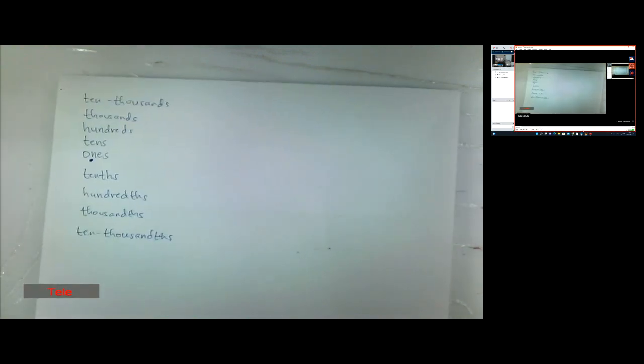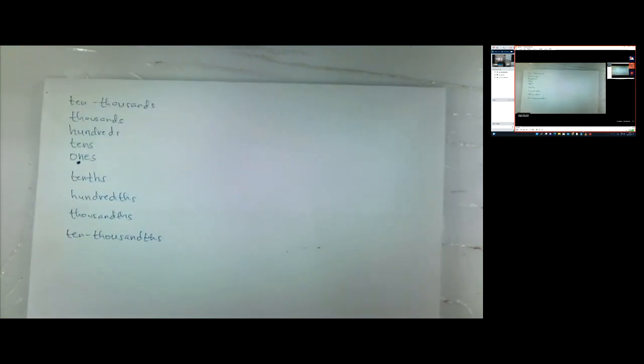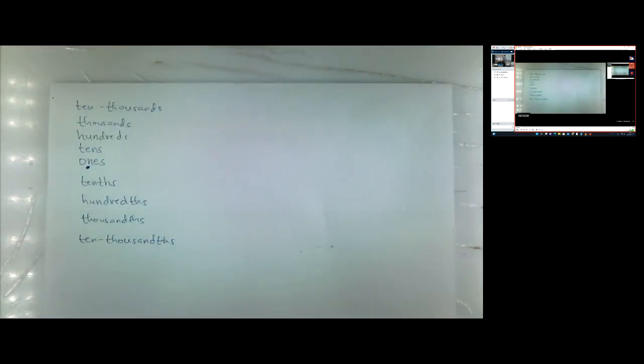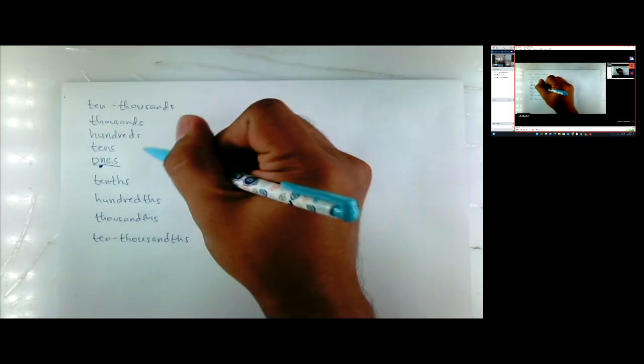Oh, can you see it? Yeah, I think that's better, right? So we have here the decimal place value. When we talk about the decimal place value, ones means the number is multiplied by 1.